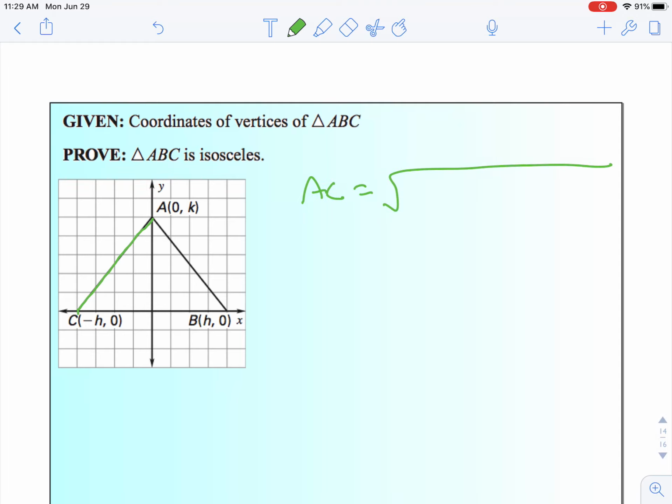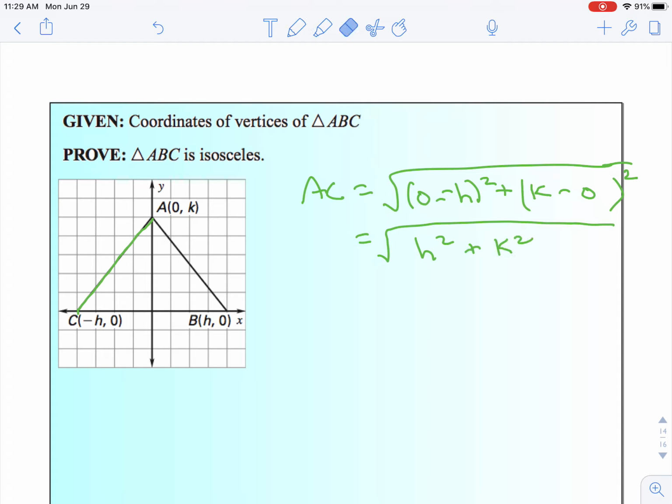So AC is the square root of, again, the difference in the x's, so 0 minus negative h, squared, plus the difference in the y's, so k minus 0, squared. Again, sometimes it can get tricky simplifying. 0 minus a negative h is going to be h squared. k minus 0 is k, so we get k squared.